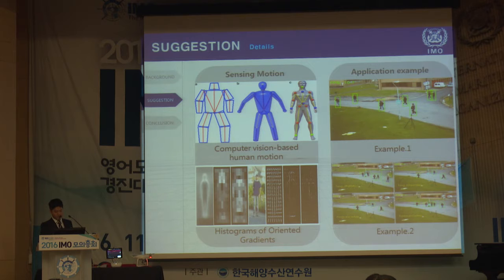As indicated in this diagram, histogram of gradients is the way to analyze people's motion, and this is how we recognize people's movements. In daily life, this technology is applied to the situations as shown in these pictures.